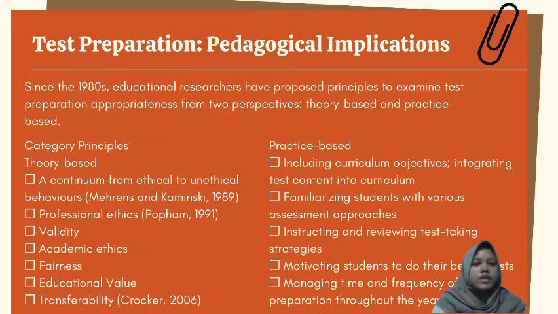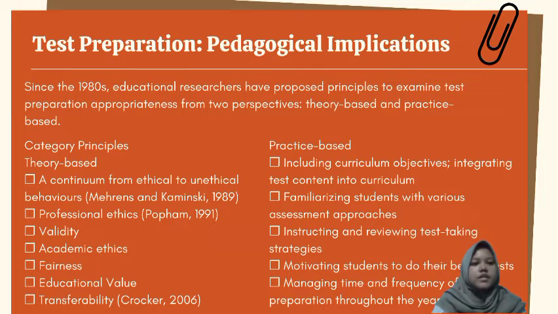The third is validity, which requires that test preparation improves the validity of test score interpretation. The fourth is academic ethic, which requires test preparation activities to be consistent with ethical standards of the educational profession.